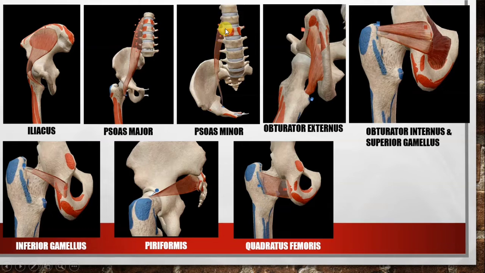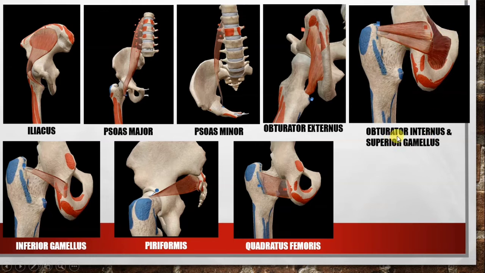There is a psoas minor arising from two vertebral bodies and attached to the pubic bone. Obturator externus arises from the obturator foramen that we have discussed and attaches to the femur. It has a function in stabilizing the hip joint.